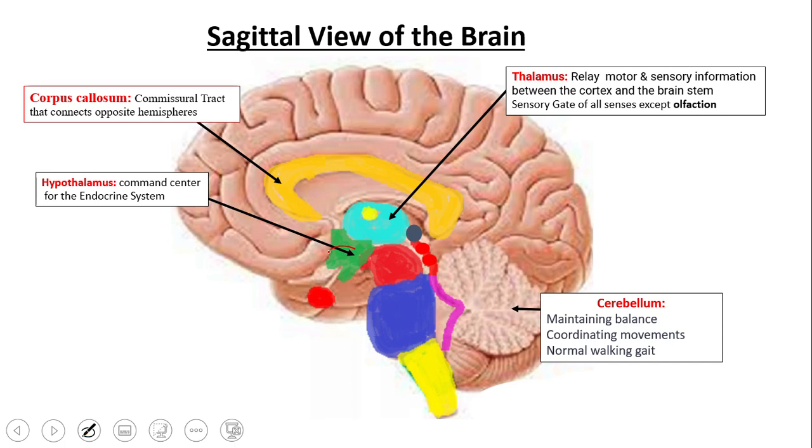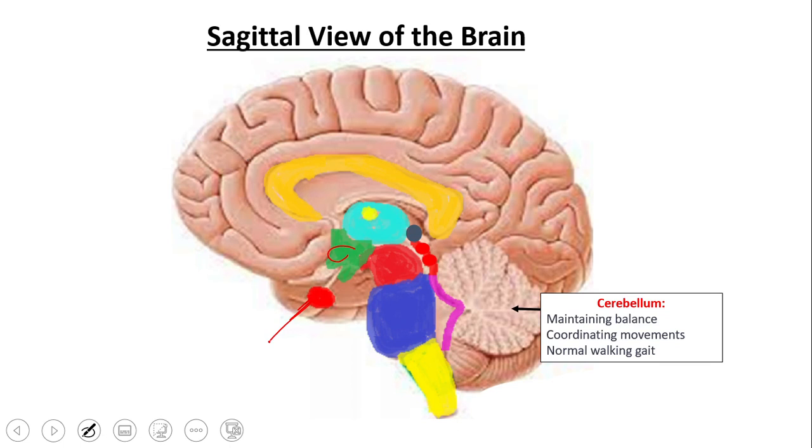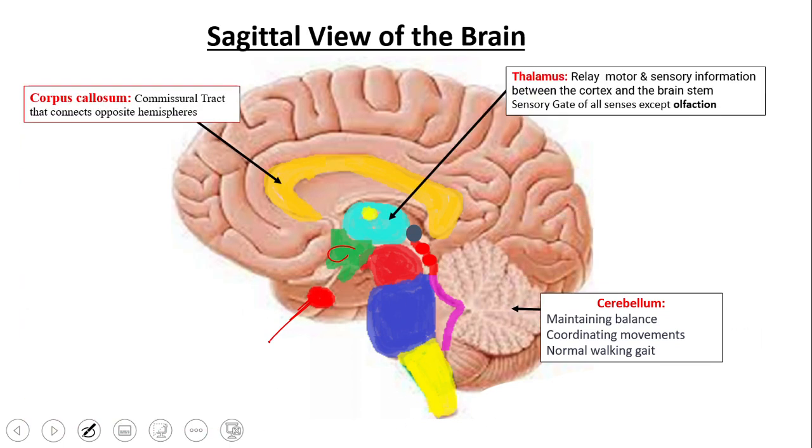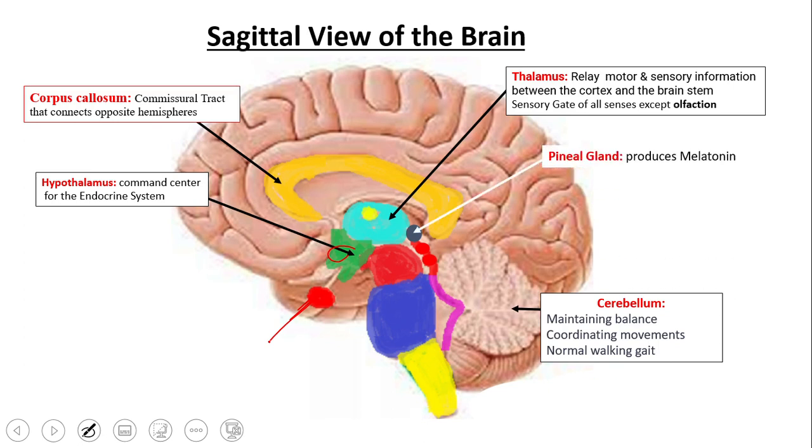This hypothalamus controls this gland, which is the pituitary gland, and then the pituitary gland controls other endocrine glands. So you may consider the hypothalamus to be the president, and then the pituitary gland here to be the vice president that controls the population, the other endocrine glands.